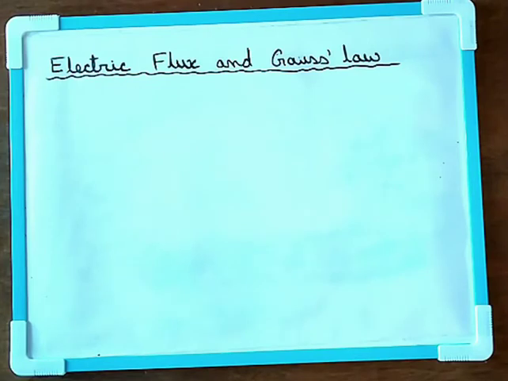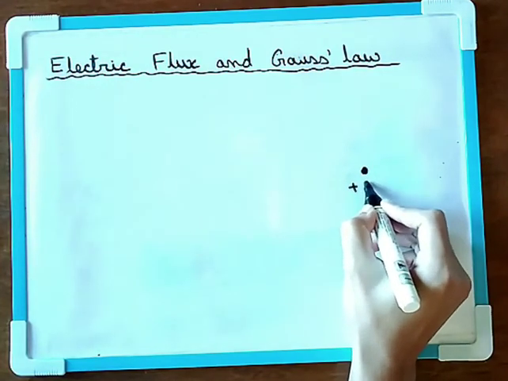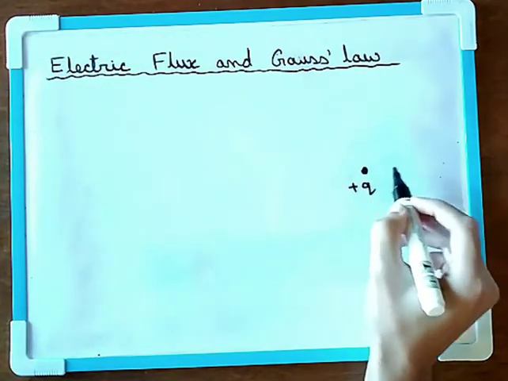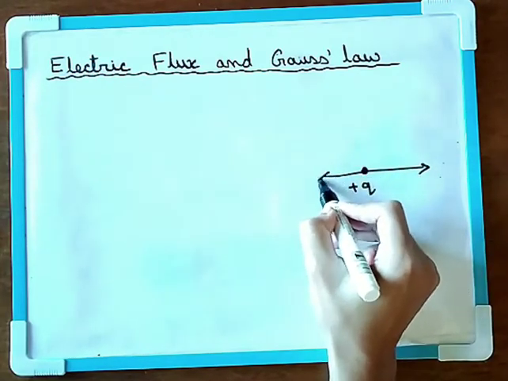Now we come to Gauss law. Gauss law will actually give us the electric flux through a closed surface. For example, if we have a point charge plus Q, then you know that for this positive charge, the electric field lines point away.